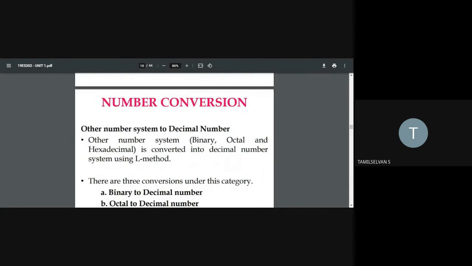These conversions are called the L method. Decimal to other number systems is also called the LCM method, and other number systems to decimal is called the L method.